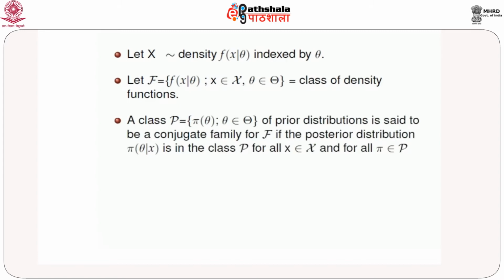A class P of prior distributions is said to be a conjugate family for the class of density functions f if the posterior distribution of theta given the observation x is in the class P for every x belonging to the sample space script x and for every prior distribution pi belonging to the class P.